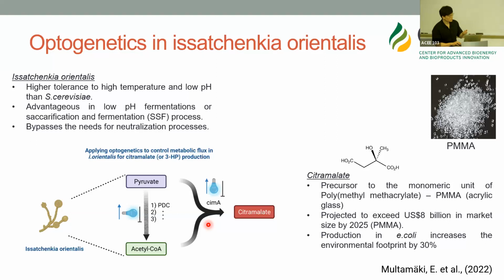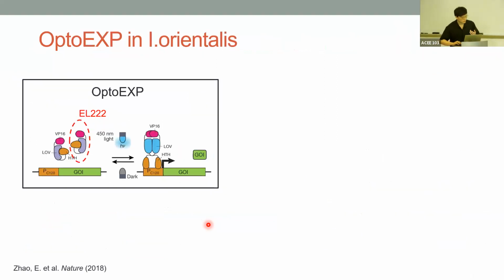But before we do that, how do we know this is even possible? So what I've done up till now is to use an existing blue light switchable gene expression tool I showed you at the beginning of the presentation. It's called OptoEXP, where it has this blue light inducible transcription factor, EL222.